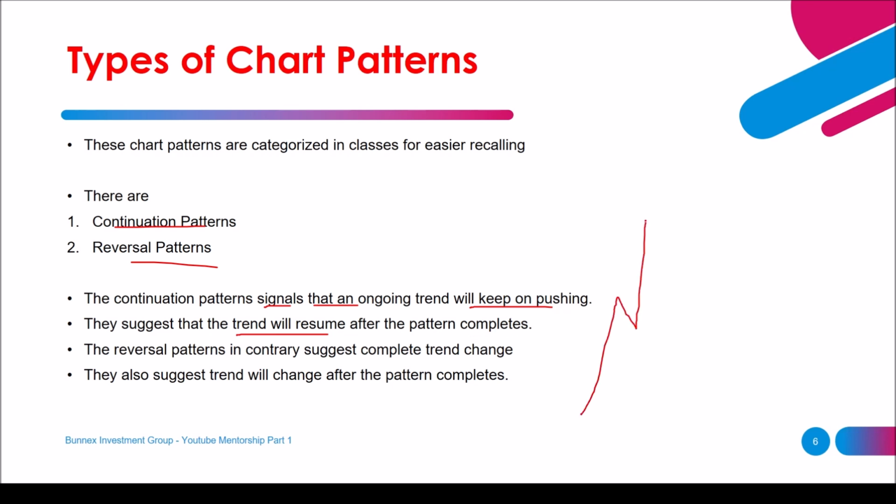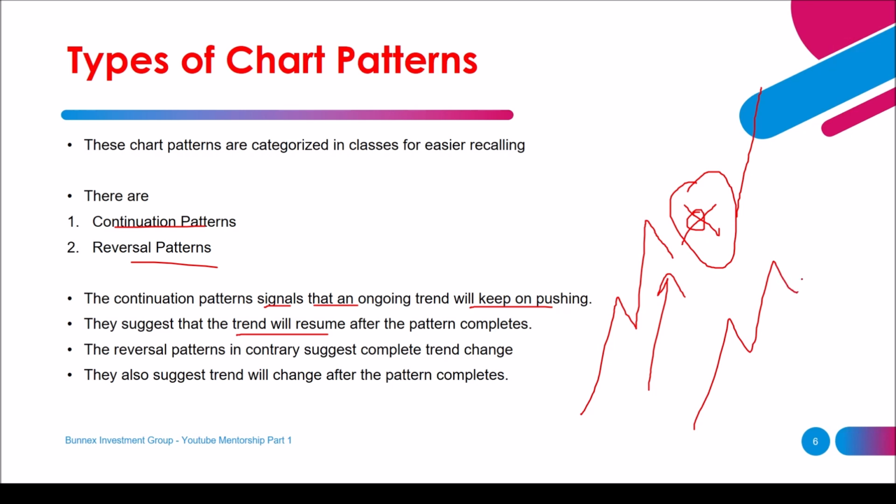Let's say we have a trend that is going in an upward direction. If this pattern is complete in this zone, it's signaling that this trend is going to resume. Then there are what we call reversal patterns, in contrary, that suggest a complete trend change.